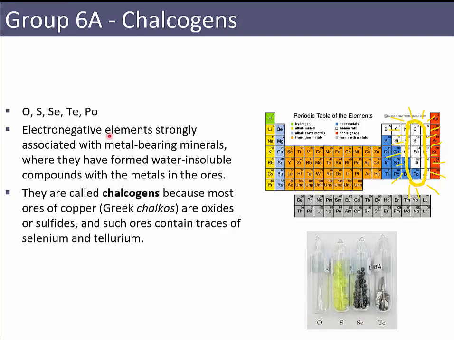Oxygen, sulfur, selenium, tellurium, and polonium are electronegative elements strongly associated with metal-bearing minerals, where they have formed water-insoluble compounds of metals in the ores. They're called chalcogens because most ores are copper, or chalcos, oxides or sulfides, and such ores contain traces of selenium and tellurium.